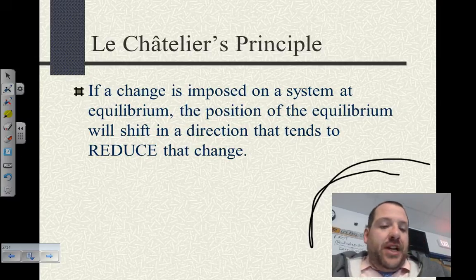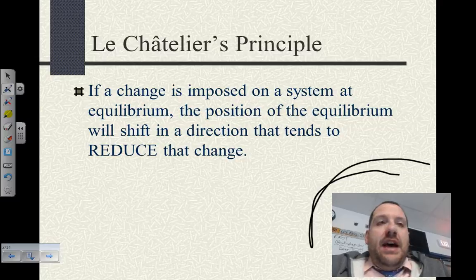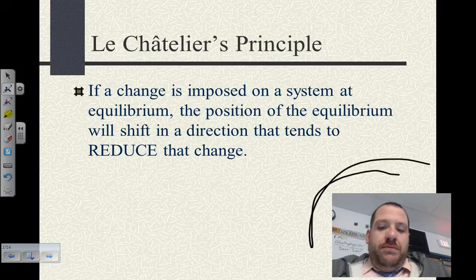let's talk a little bit about Le Chatelier's principle and how changing concentrations or changing the reaction will affect the equilibrium position.